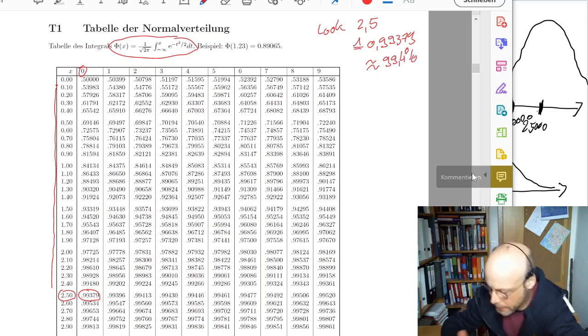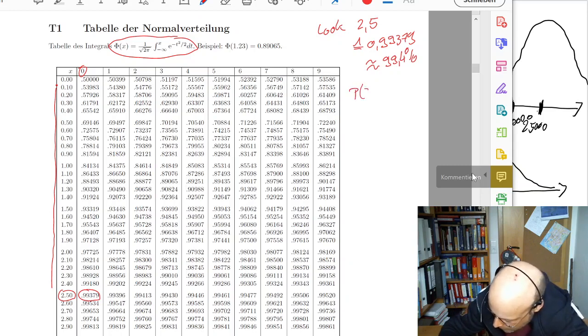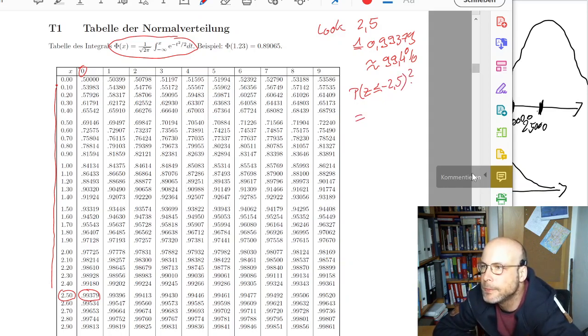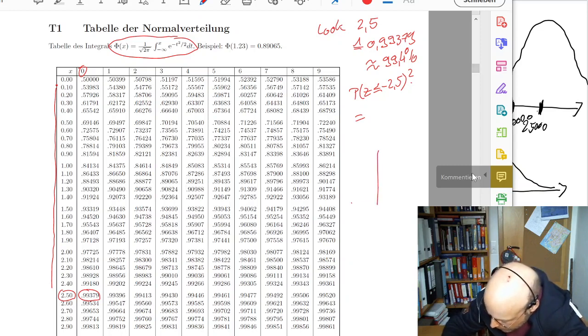What is then the probability that z is lower than minus 2.5? We are symmetric. What we have now calculated is the probability for z lower than 2.5, this area.